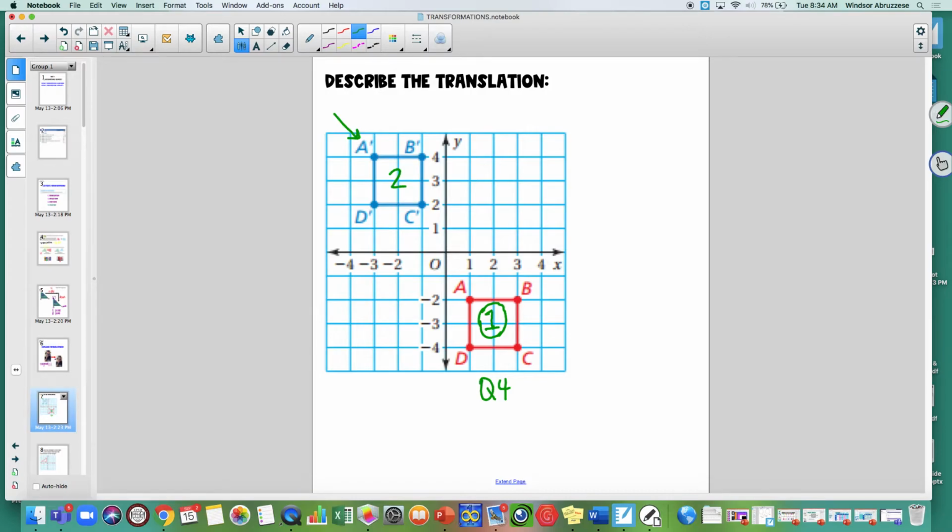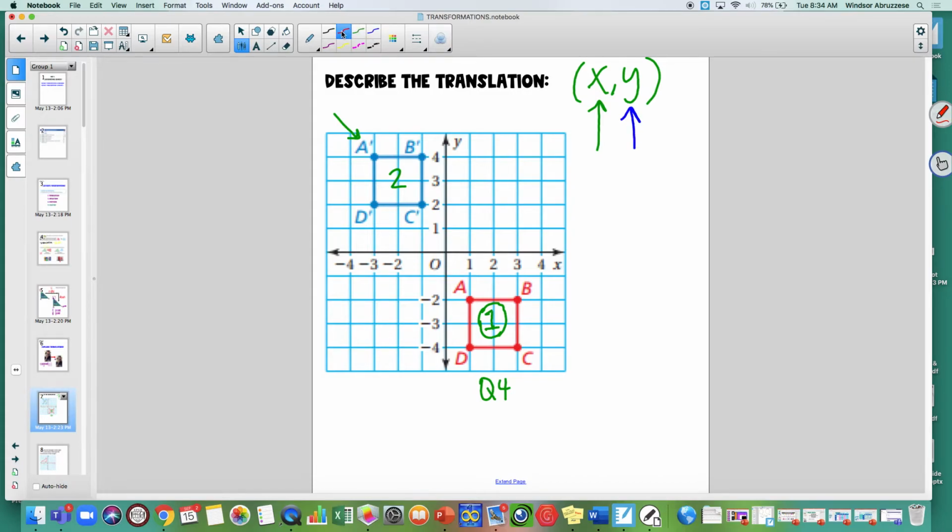So now you want to describe the translation. How did I move from square number 1 to get it all the way up here to square number 2? Okay, well, just like a coordinate, when we describe translations, we're going to describe the movement on the x-axis first. And then we're going to look at the y-axis.